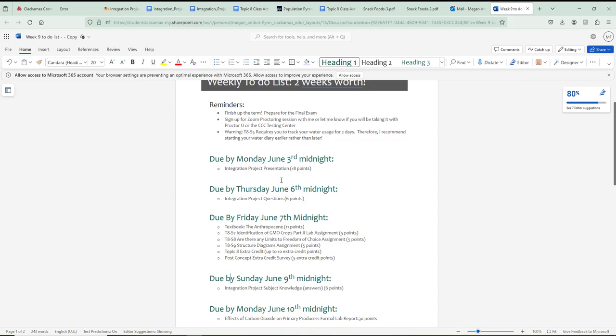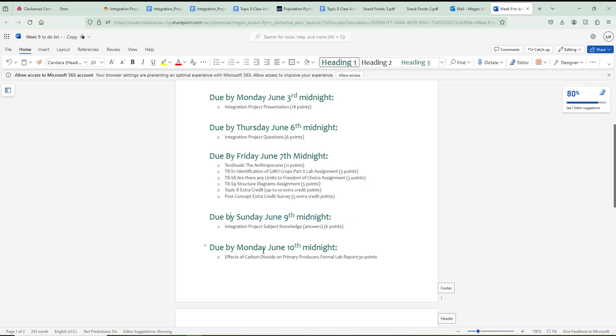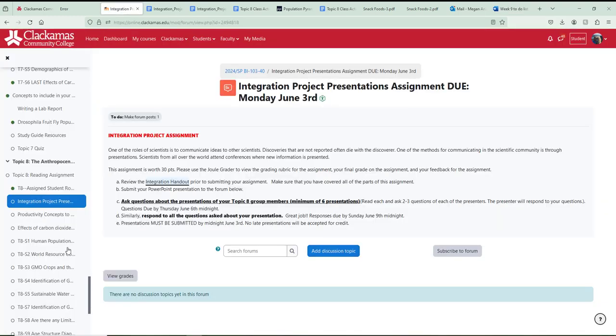So that is the integration project that will be going throughout the week along with your activities. And then finally, you have your last lab report, in quotation marks, because it's more like a quiz setup. So I'm going to show you that.